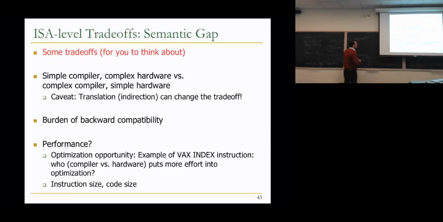Basically, translation can change many of these trade-offs. If you have a translation layer over here, what you can do is you can have a high-level ISA that gets translated into a programmer-invisible ISA, right?